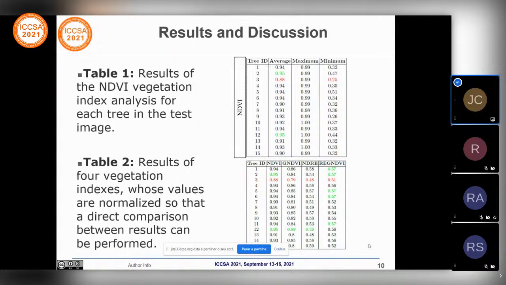The values of the green normalized difference vegetation index, the normalized difference red edge index, and the red edge green normalized difference vegetation index confirm the analysis previously done with the NDVI index, where trees 2 and 12 were shown to be healthier, contrary to tree 3. Their lower vegetation index values were verified.